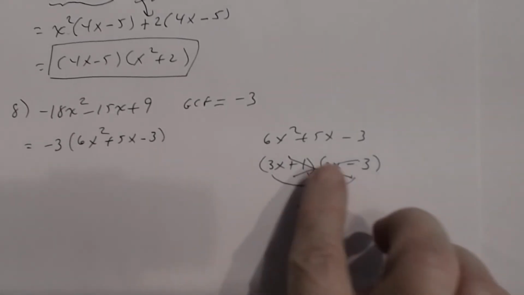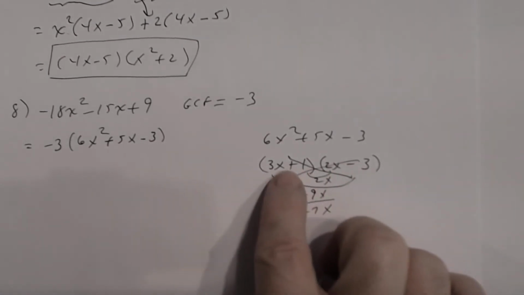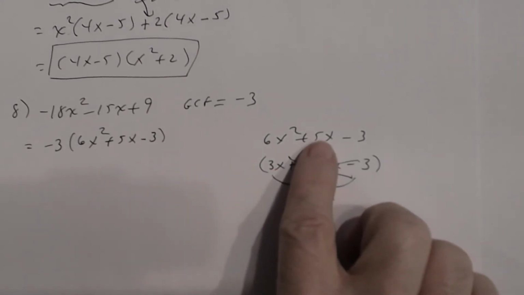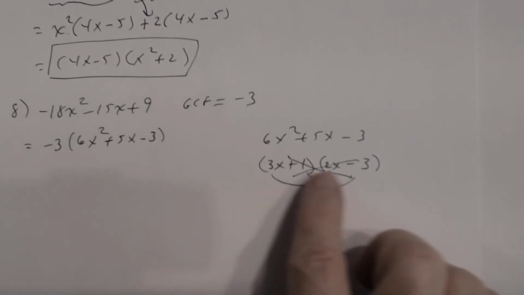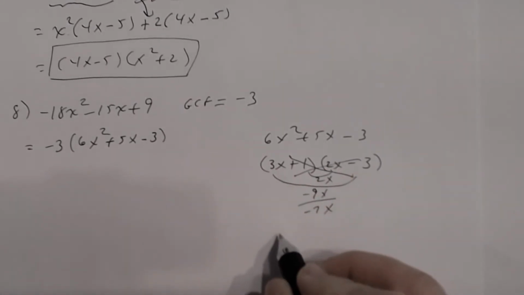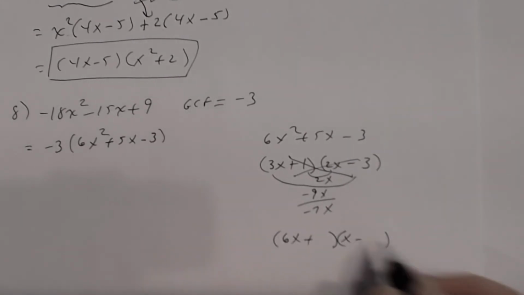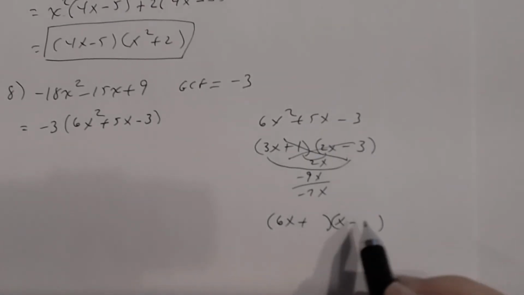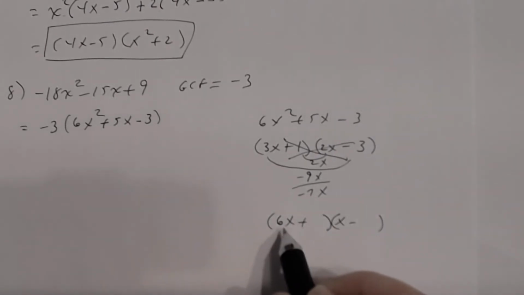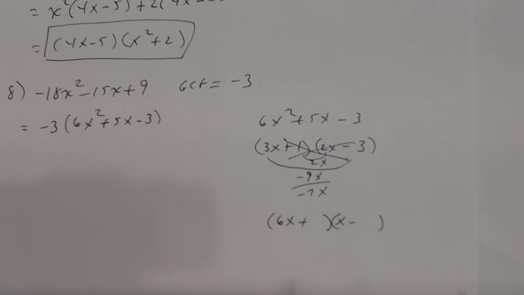If you switch the 3 and the 1, that's not going to help because then you can factor out a 3 here, which means every term here is divisible by 3. So instead of 3x and 2x, let's try 6x and x. Again, I can't put the 3 here because then I can factor out a 3, and we know that can't happen because 5 is not divisible by 3.